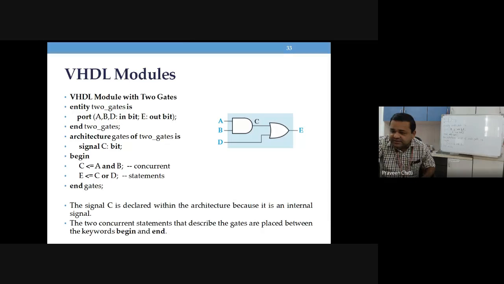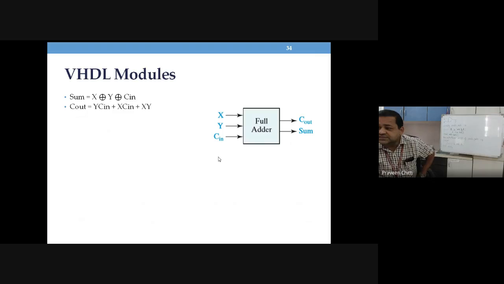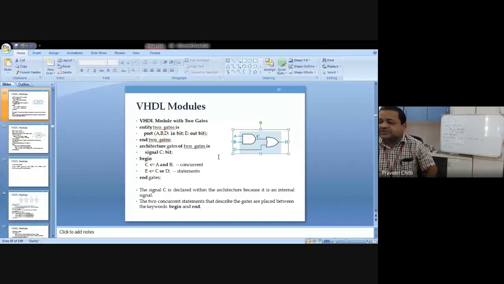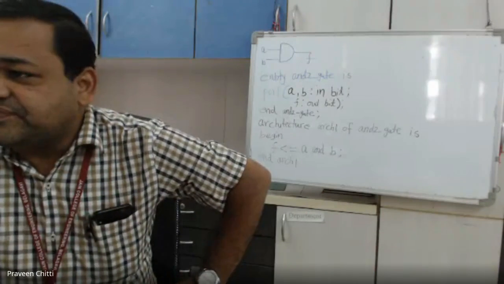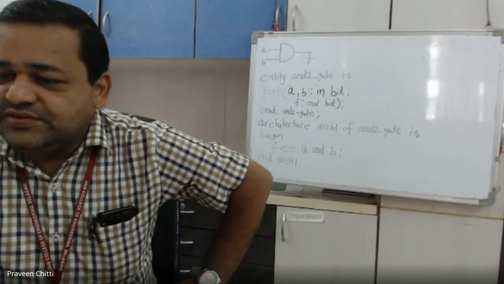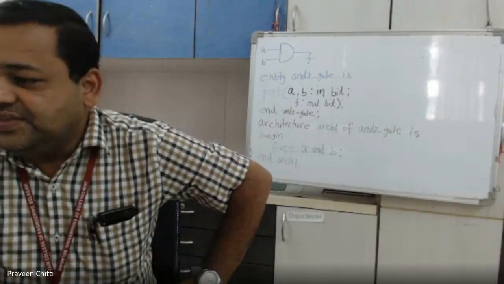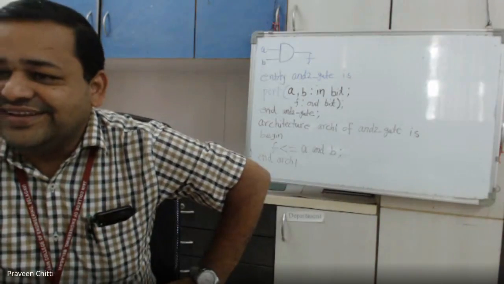Any doubts here? All of you understood this? There is no response. I don't know whether you are understanding it. You should tell either yes or no, but there is no response from your end.